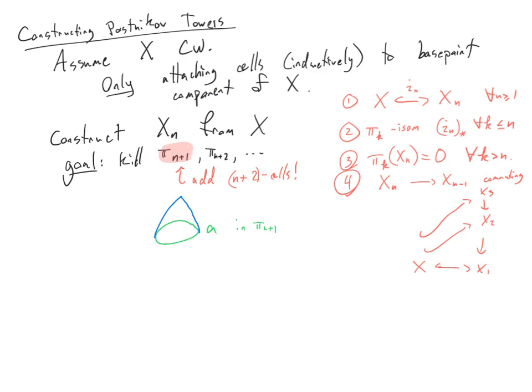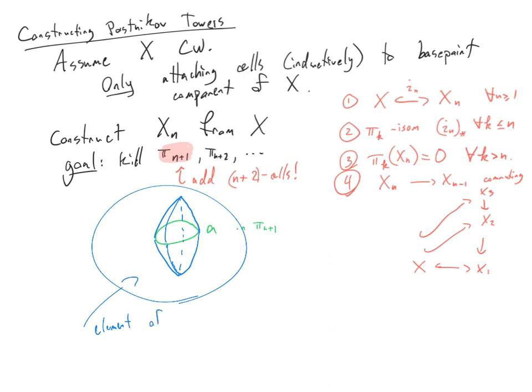And so what you did is you attached a cone onto a, but you've also attached a cone onto minus a. And if you look at it, that means that what you have is a new element of pi n plus 2.